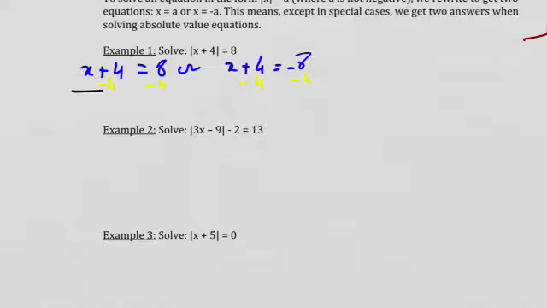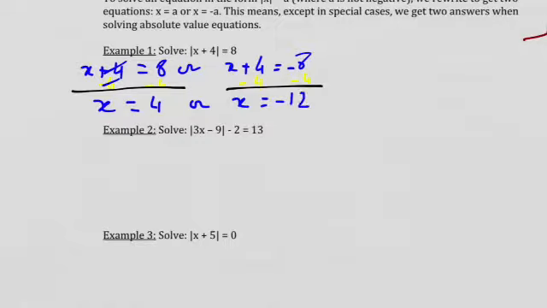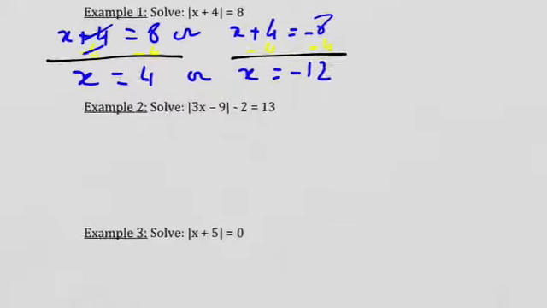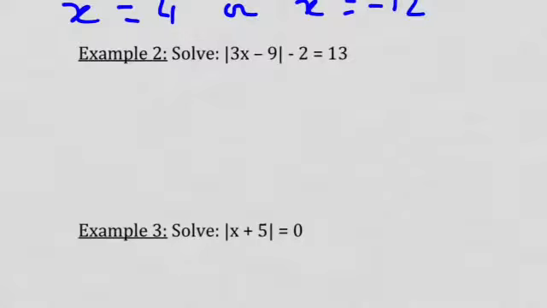And now, when you subtract 4 both sides, you can run the two calculations at the same time. You are going to have x, the 4 cancel out, equal 4, or x equal negative 12.